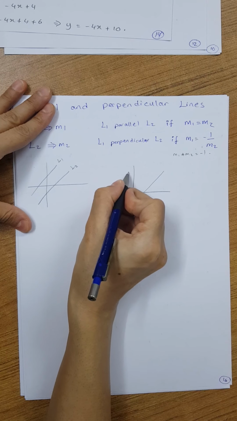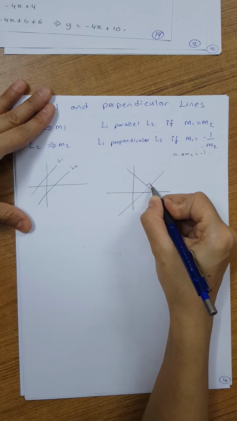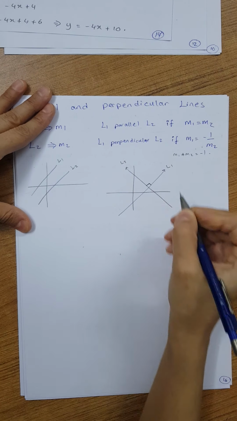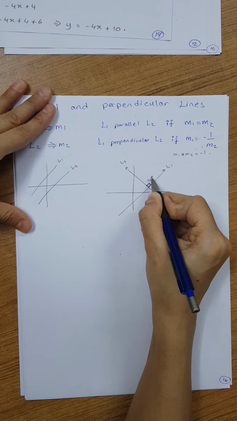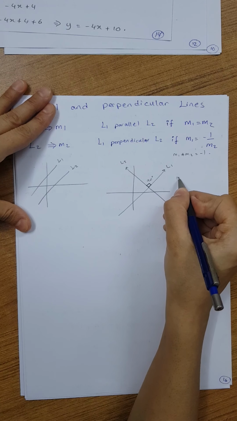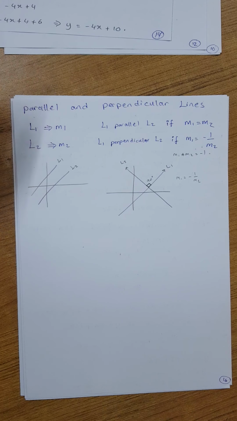I have got a line like this one, and a line like that. If they are intersecting each other, for example that one is L1 and that one is L2, at an angle of 90 degrees, you know that this is called perpendicularity. So M1 is equal to minus 1 over M2, or when I multiply them, I get the result negative 1.